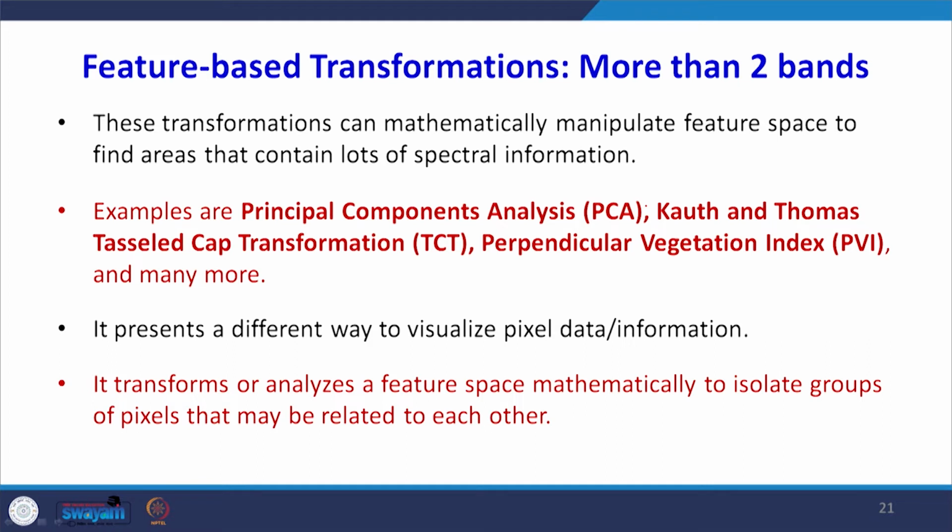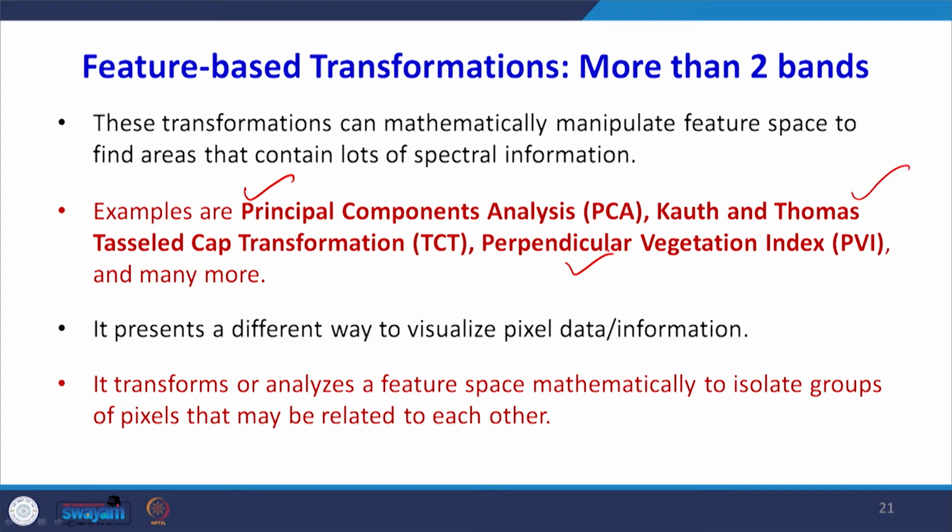So far you were using only 2 bands, but you can do transformations which require maybe 4 band data. There are transformations like principal component analysis, popularly called PCA, or the Tasseled Cap Transformation, called the KT transformation, where Kauth and Thomas were the developers, or perpendicular vegetation indices, PVI.